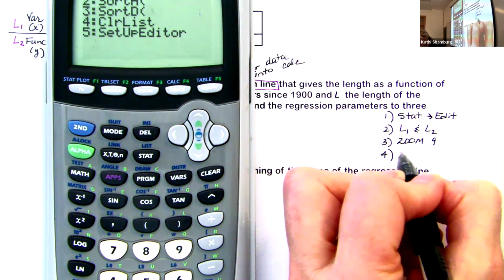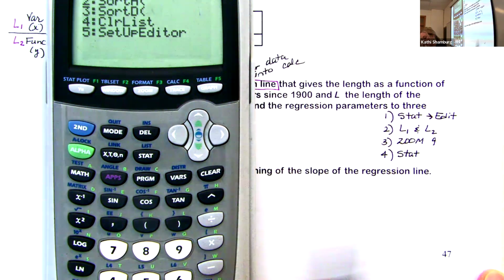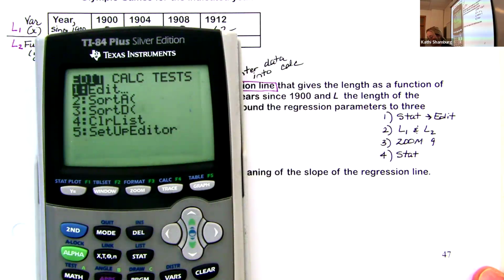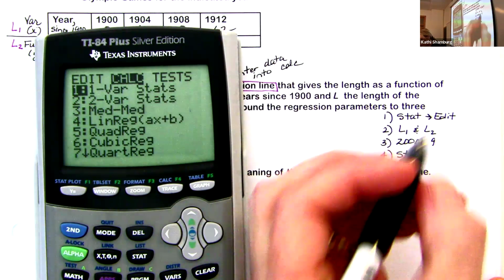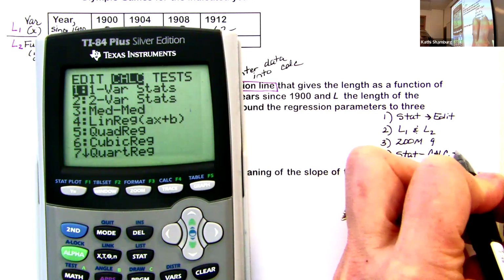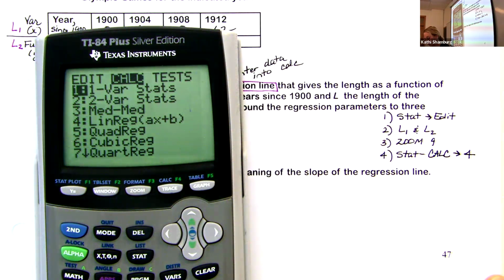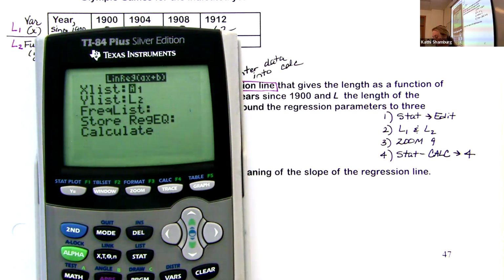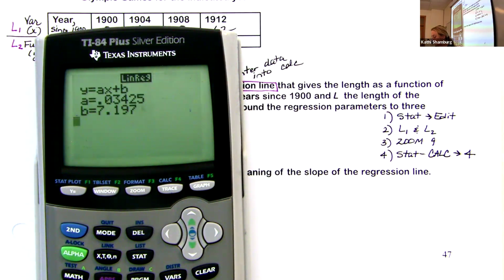And so now we're on stat. So I'm going to go to stat and then what? Okay, I'm going to go to calc. And then what? And then hit a whole bunch of enters, right? Enter, enter, enter, enter, enter.